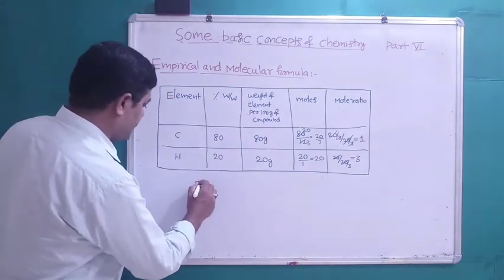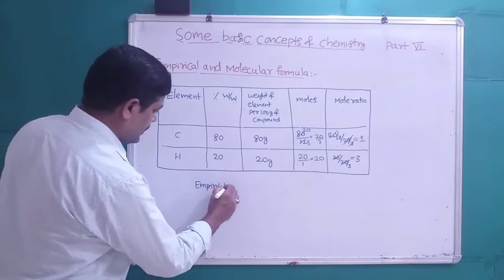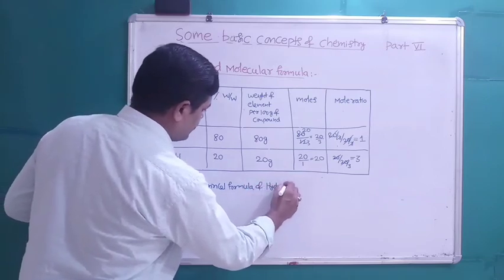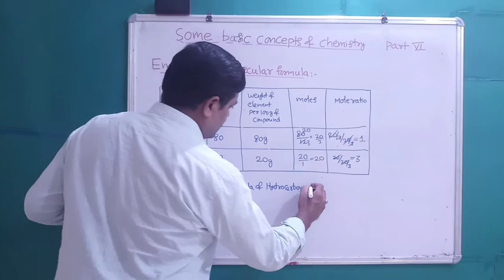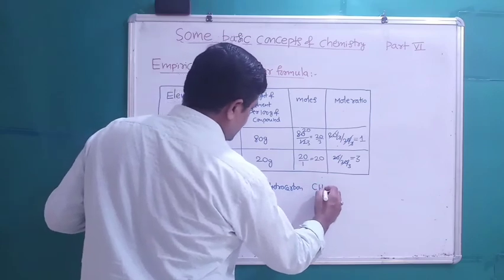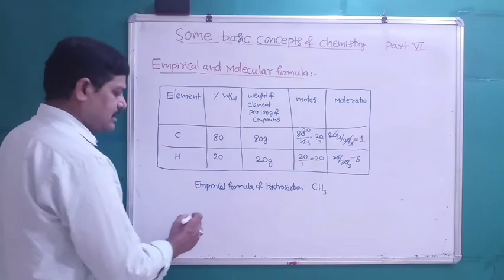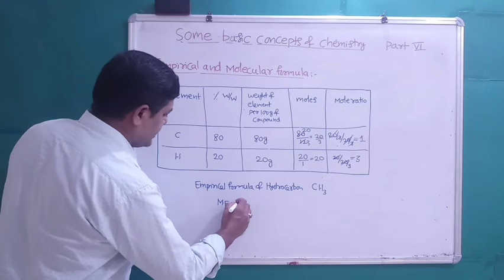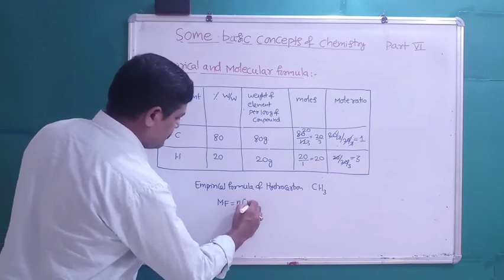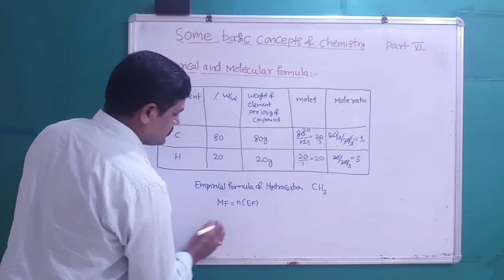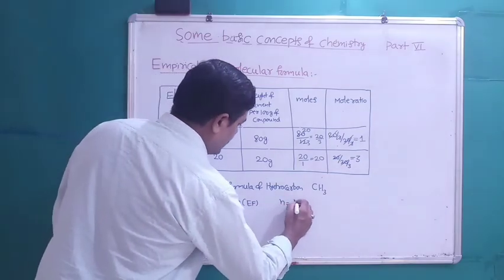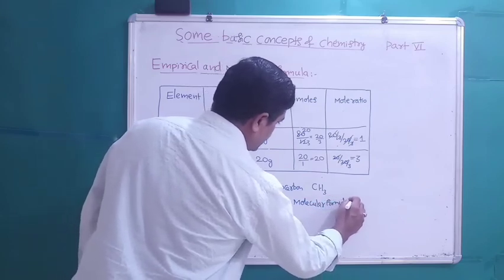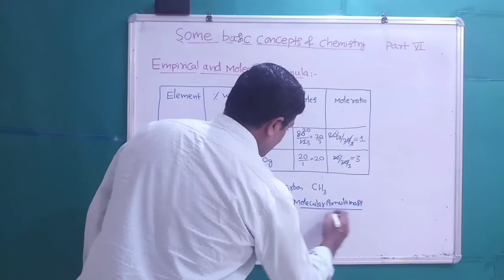Then the empirical formula of the hydrocarbon: C is 1, H is 3, CH3 we are getting, right? Then to calculate the molecular formula, we need to calculate n, small n, into empirical formula. So n is equal to molecular formula mass divided by empirical formula mass.